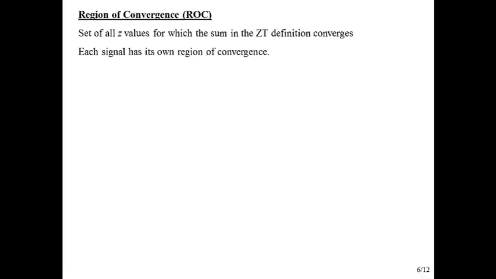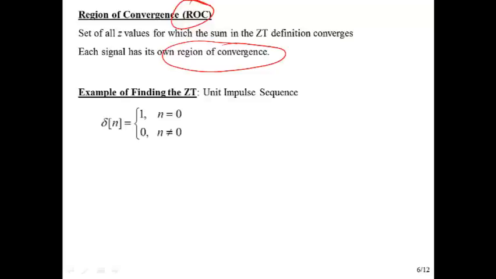So for a given signal, the whole set of Z values for which that sum converges is called the region of convergence, or ROC. The region of convergence is just a subset of the Z plane where we can say, hey, that Z transform is well defined. We're not going to worry too much about region of convergence, but I felt compelled to at least mention it in passing, and it'll come up a few other times, but it's not a big deal in this course.